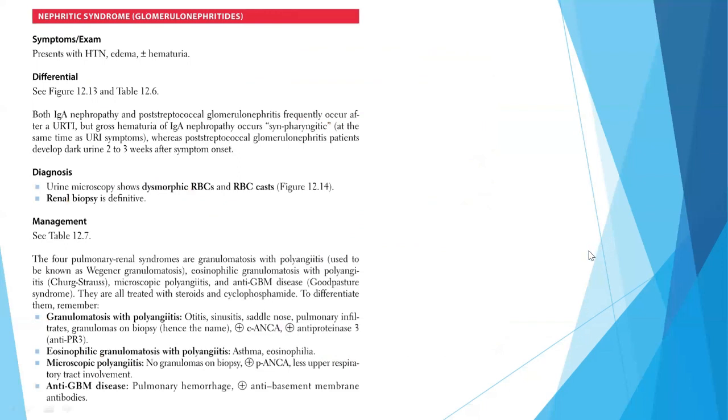Now, talking about the nephritic syndrome or the glomerulonephritis. Symptoms or examination, there may be hypertension, edema, or plus minus hematuria. Both IgA nephropathy and post-streptococcal glomerulonephritis frequently occur after upper respiratory tract infection, but gross hematuria of IgA nephropathy occurs synpharyngitic, at the same time as the upper respiratory tract infection, whereas PSGN patients develop dark urine 2 to 3 weeks after the symptom onset.